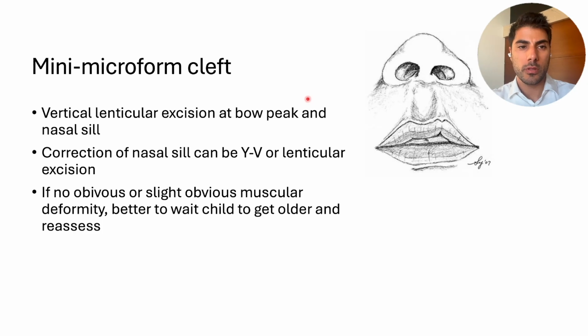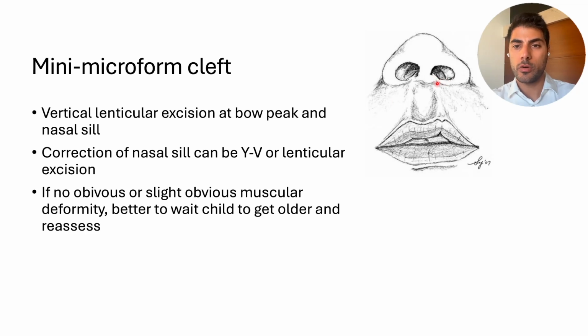So we will start with the mini microform cleft. The surgical technique that he proposed is just a simple lenticular excision. So it's as if we're doing curvilinear incisions just to remove this small notch over here, and in order to approximate or make this nasal sill less wide.